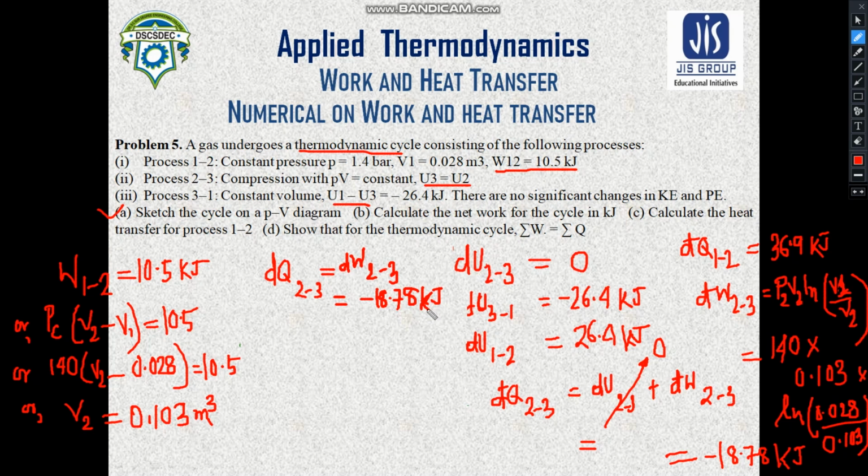So now you have found out the values of dq 2 to 3 and dw 2 to 3.